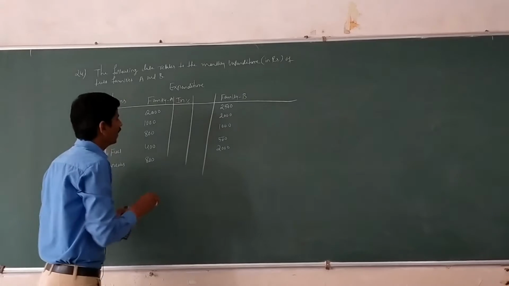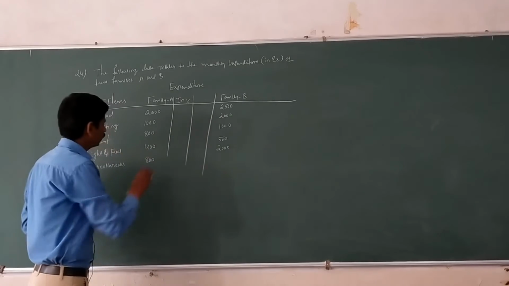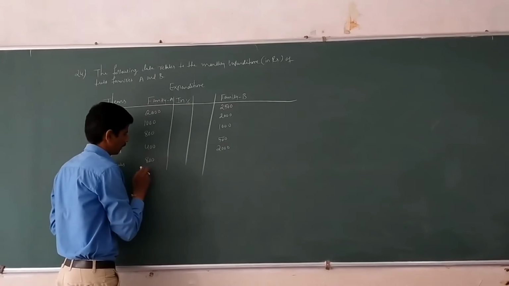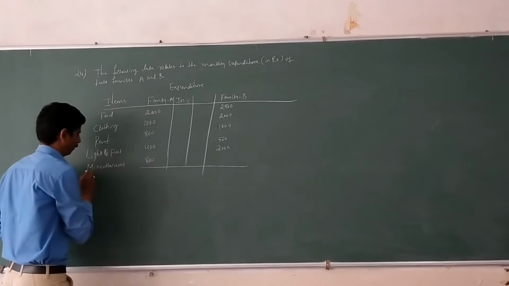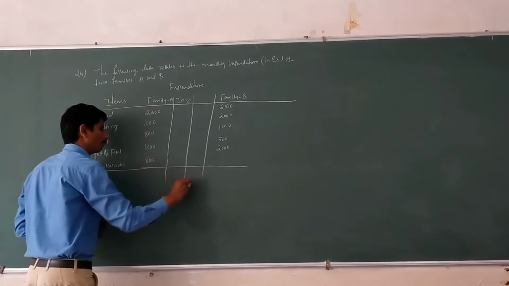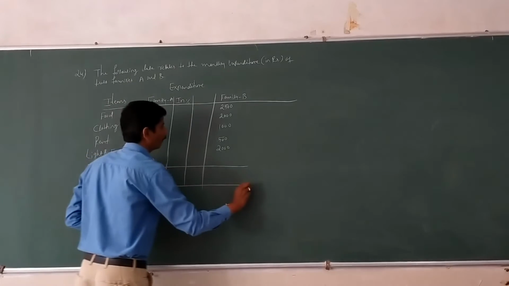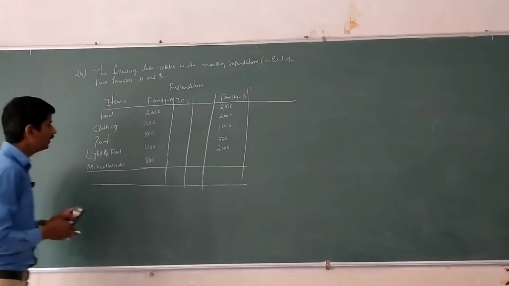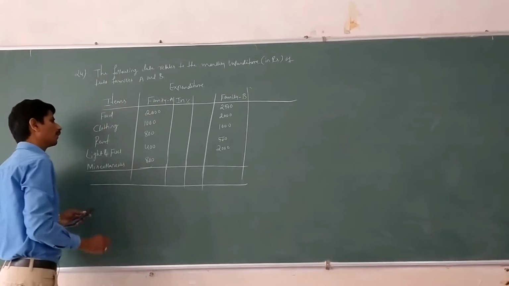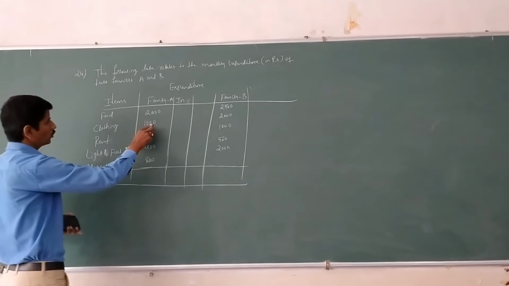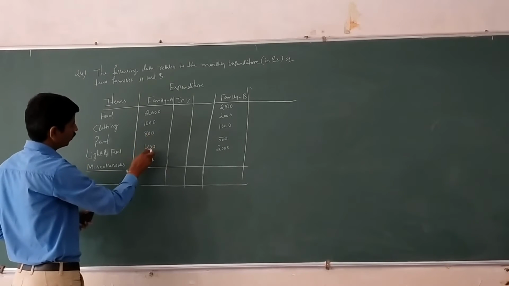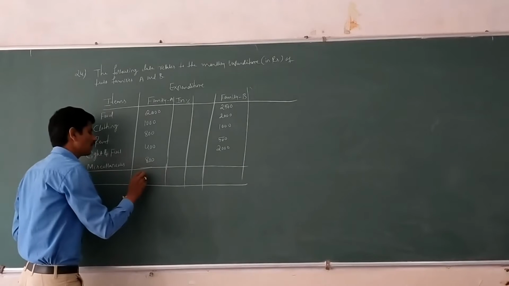Next, the total amount. For family A: 2000 plus 1000, 3800, 4400, plus 5000; the sum is 5000.